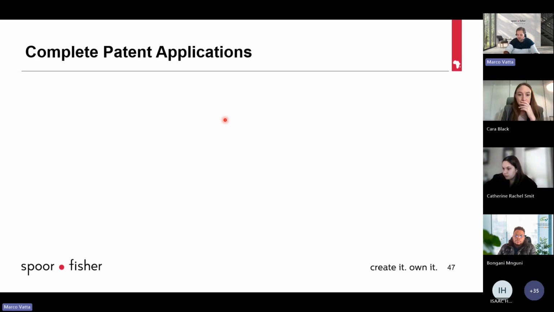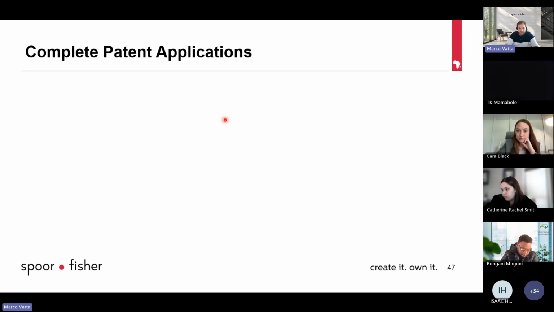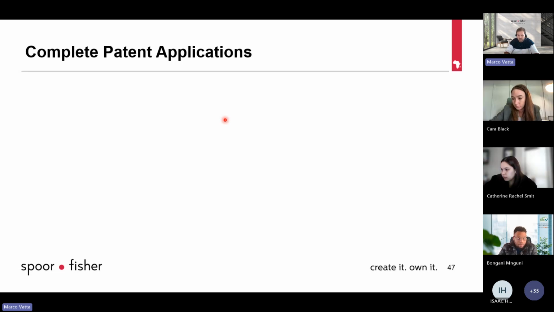So we'll start off with the filing of what we refer to as a complete patent application. And for the purposes of this lecture, I'm going to distinguish between a complete patent application and a national phase application. When I talk about a complete patent application, I'm referring to an application that has been filed either directly in South Africa without any priority claim.